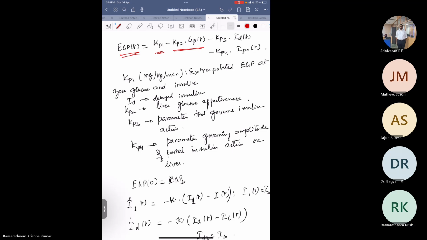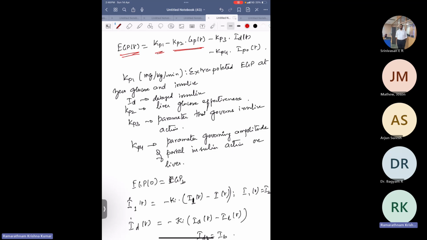Then there are reductions due to other things, of course due to the presence of insulin. There is an insulin signal that is generated, and there's a delay in that signal, so it's called delayed insulin.